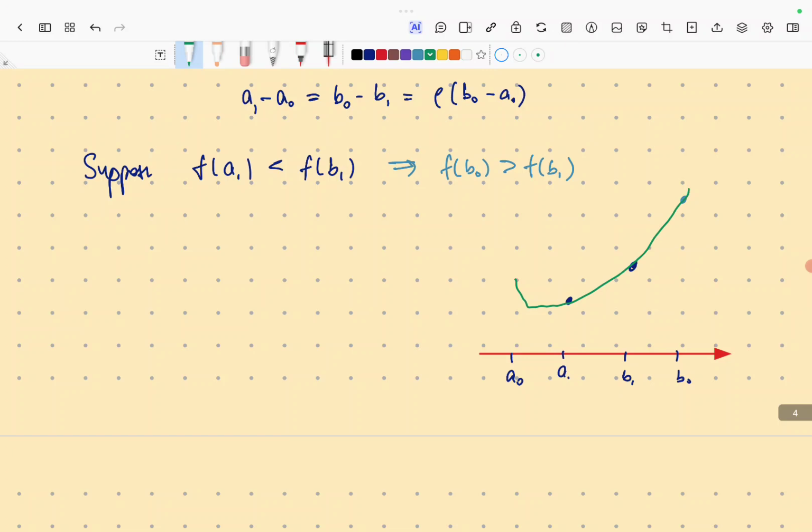We know that that doesn't happen with this particular function f. So for sure we know that the minimum x star cannot lie between B1 and B0.